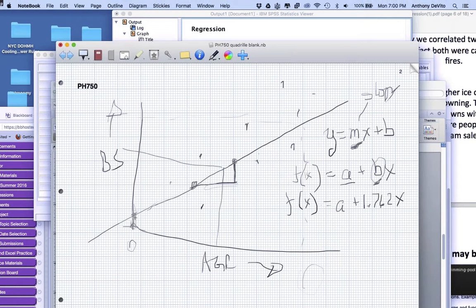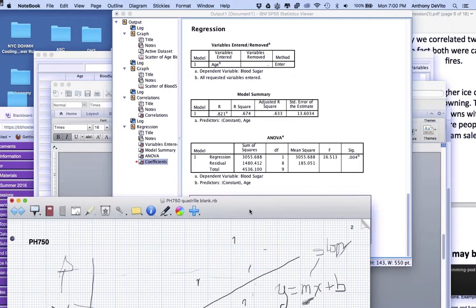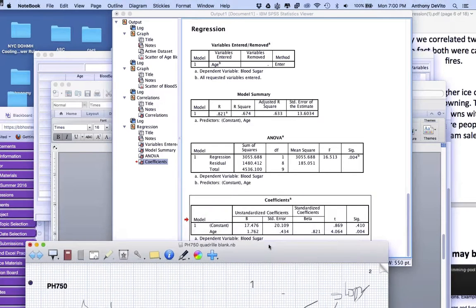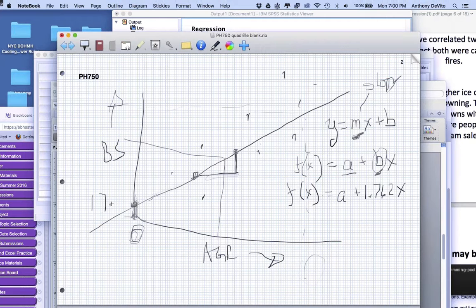That means that at the point where age is equal to 0, now remember that the y-intercept may be meaningless. At age equals 0, before you're born, you're not going to be taking anybody's blood sugar. But at age 0, if we carry that line over, it crosses at 17.4, 17.5, let's call it.